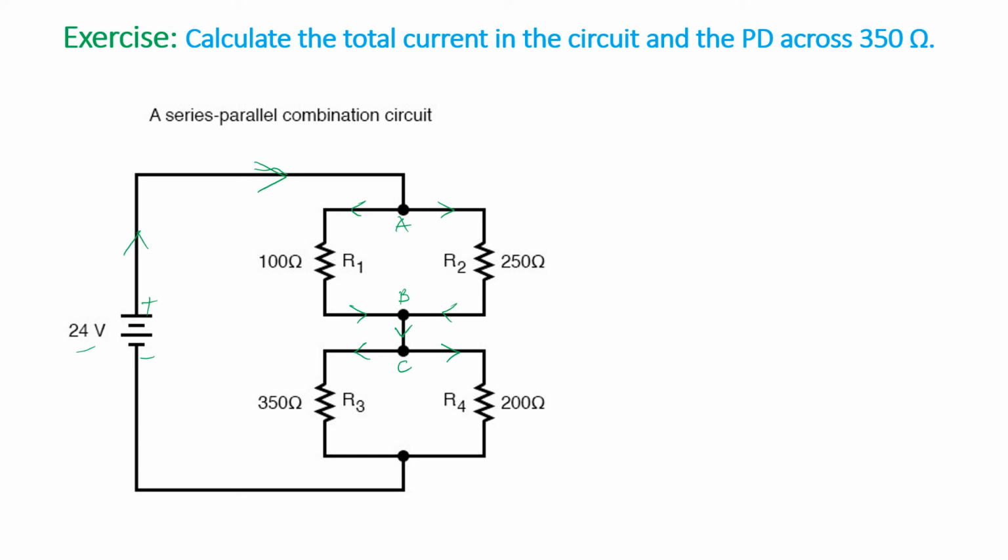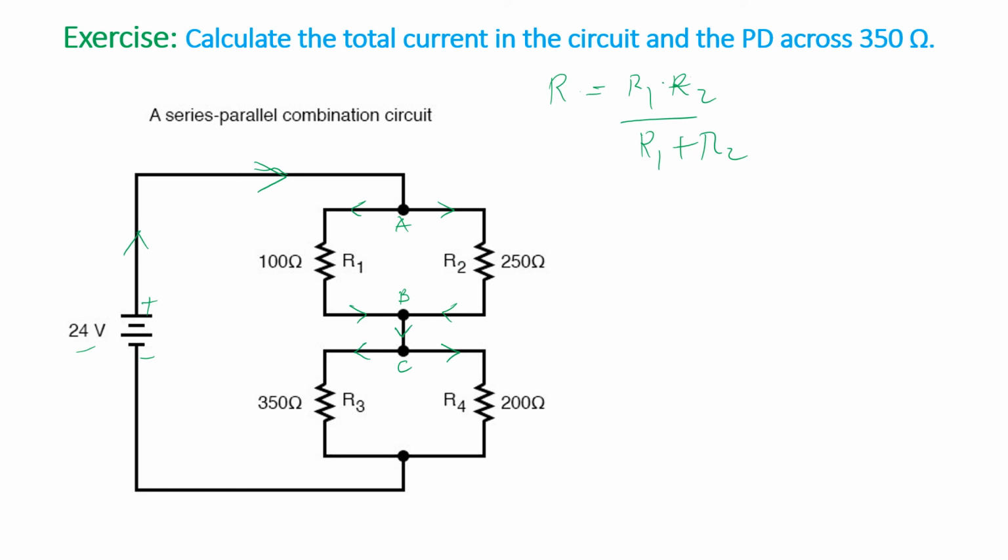So you can deal with it using the combination R equals R1 times R2 over R1 plus R2. Also, there's division of current, so that means R3 and R4 are in parallel. Then use the same formula to find the combined resistance.